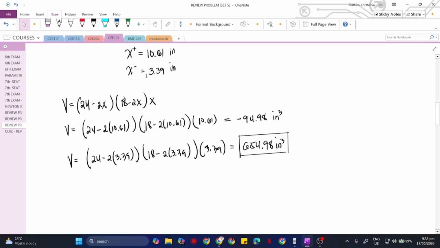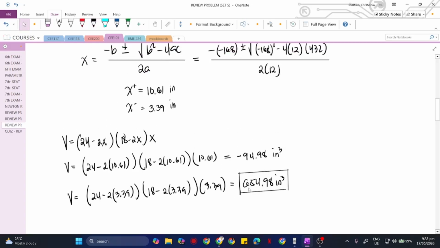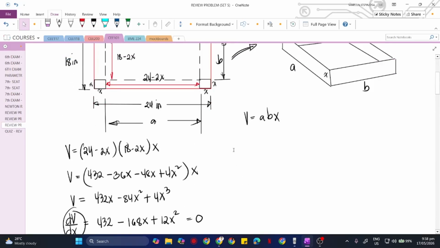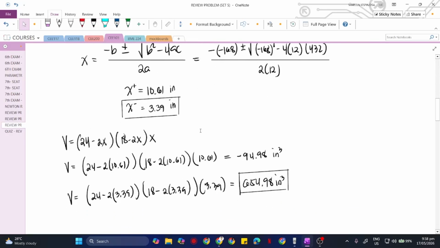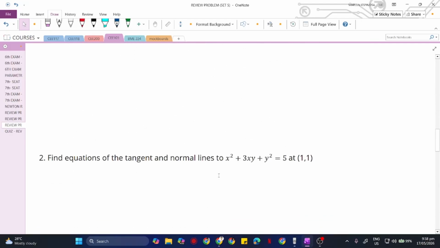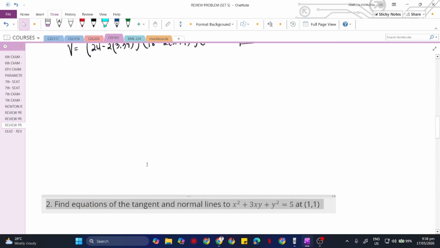Therefore we can say that this value is the maximum value for our volume, and that would be possible if our x would be equivalent to 3.39. I hope that you were able to get that logic. So that is the answer for problem number 1. The x value would be 3.39 and the maximum volume will be 654.98 cubic inches. Now let's proceed to question number 2.